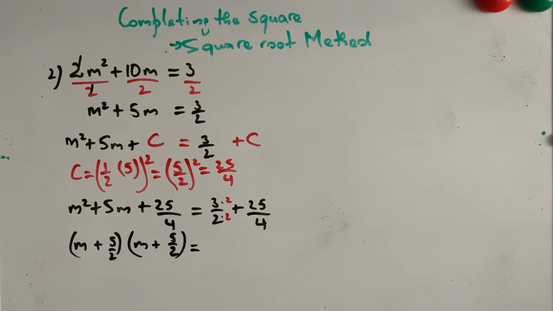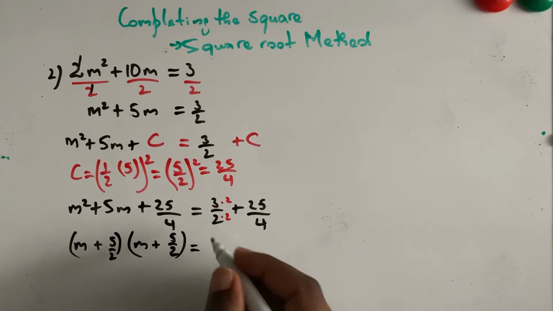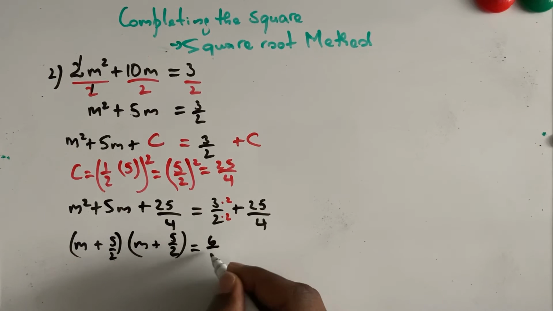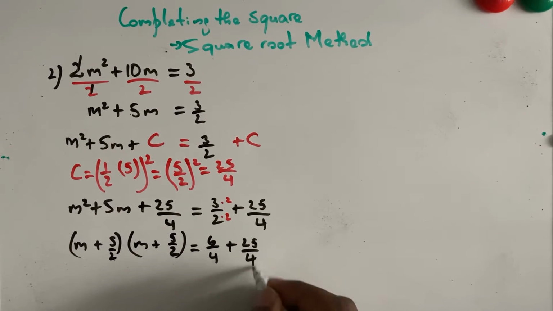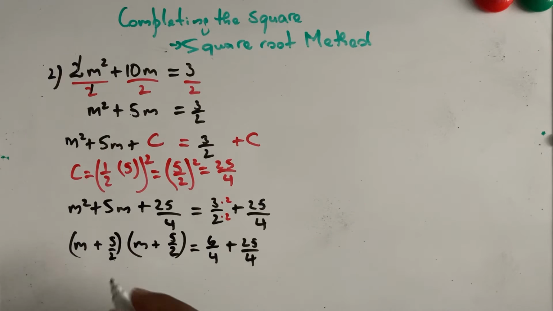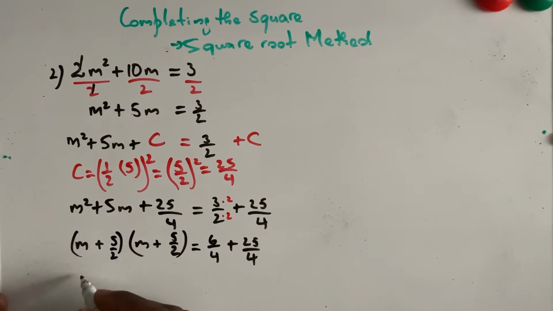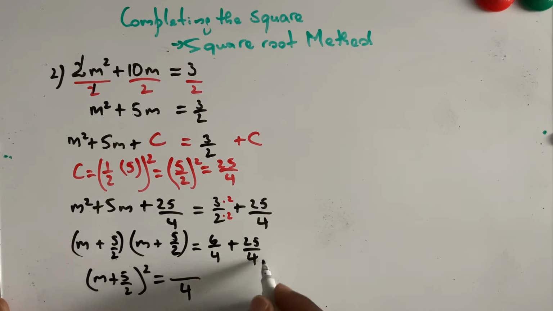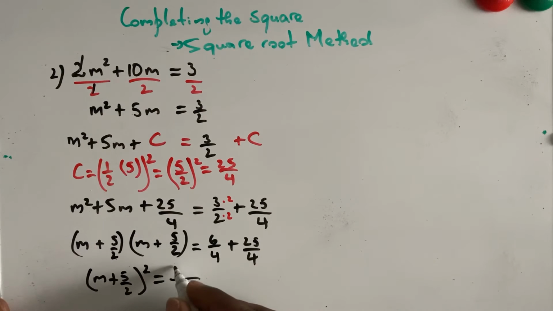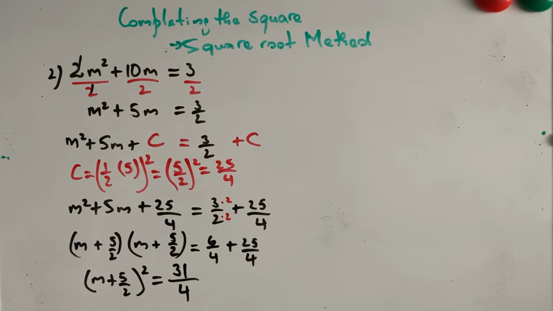So I know that this will then be 6 over 4 plus 25 over 4, okay? So this side, it's a perfect square trinomial now. So I can put m plus 5 over 2 squared equals to 31 over 4, right? You keep the denominator and the top is just 31, okay?